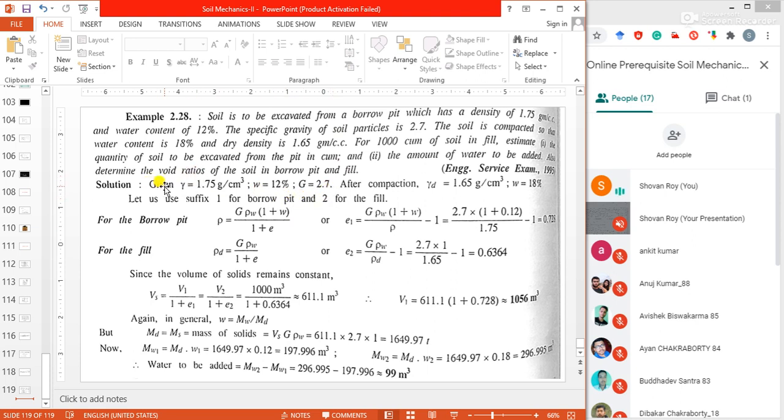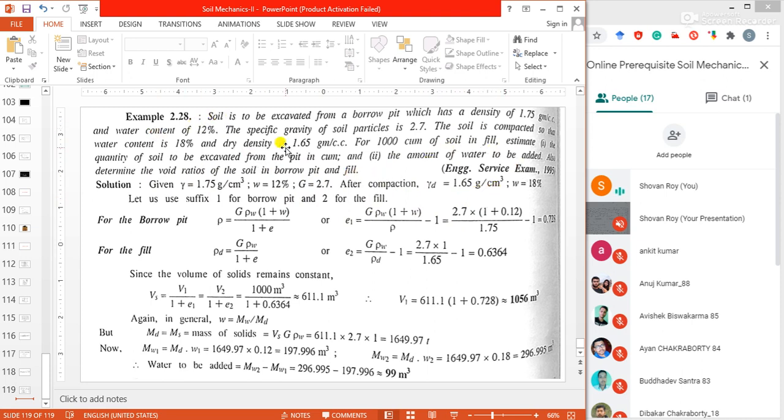This is a bulk unit weight, bulk water content, and specific gravity is also given in the question, 2.7. After compaction, the dry unit weight of the soil is 1.65 gram per centimeter cube.